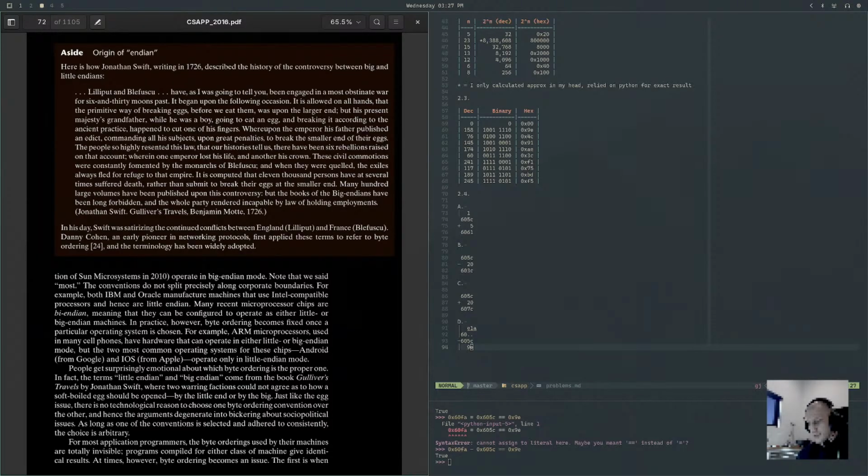For example, both IBM and Oracle manufacture machines that use Intel compatible processors and hence are little endian. Many recent microprocessor chips are bi-endian, meaning that they can be configured to operate as either little or big endian machines.